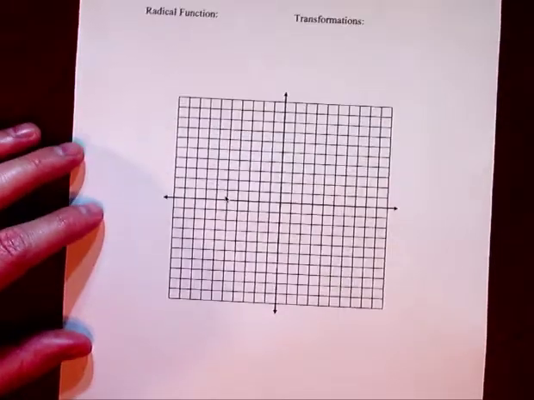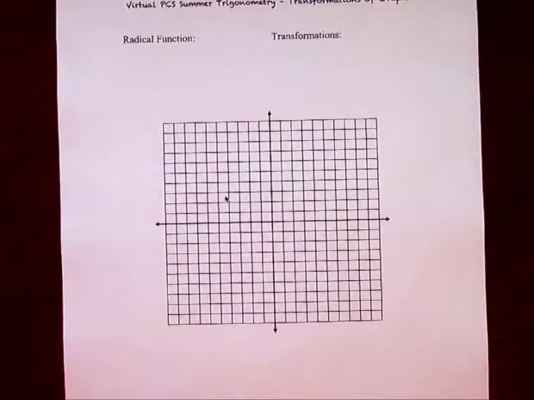Now, radical function is the first one where we actually have to deal with a b value because when we're dealing with absolute value functions and when we're dealing with quadratics, and let me just go ahead and show this explicitly.